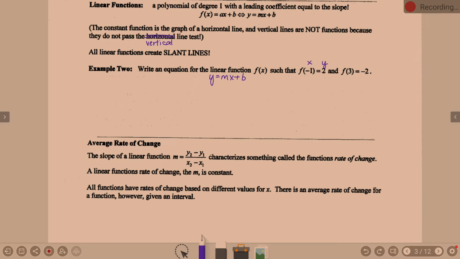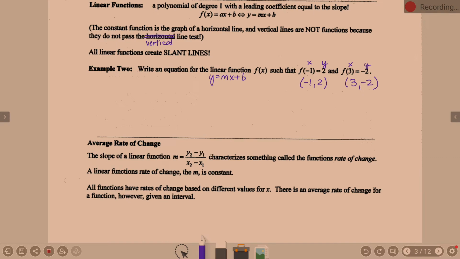So they're giving us an ordered pair, -1, 2, and they're giving me another ordered pair, 3, -2. Okay, that's common. Kids see it a lot: instead of giving it to you in ordered pair form and making it obvious, they're going to give it to you as a function. They're going to say, when I plug -1 into the function, I get 2 out. Well, you have to interpret that: oh, that's the ordered pair -1, 2.